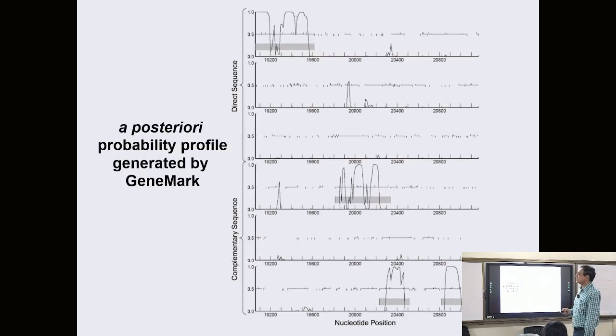Okay, and here is a posterior probability profile generated by the GeneMark program. Actually, you can just Google search GeneMark. You can go there and copy paste a genome sequence, and it will provide you where the genes are located. Okay, now that you understand, let's look at the profile generated by GeneMark.